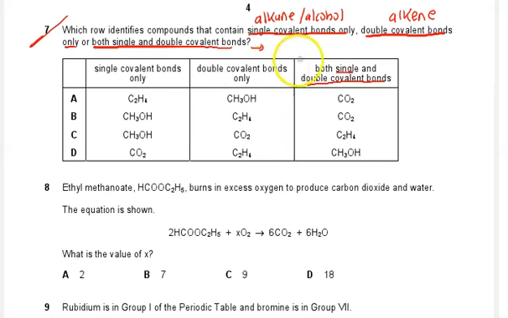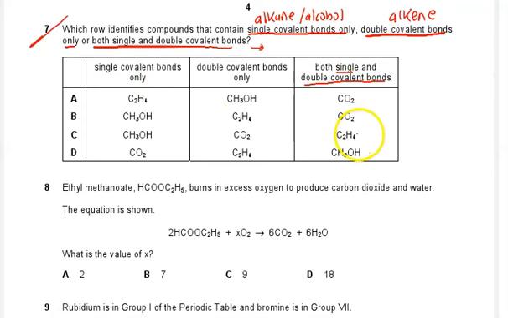If you look at this part, ethane does have both. This is ethane, so they do have a double bond and also single bond. Like carbon dioxide, they have 2 double bonds.